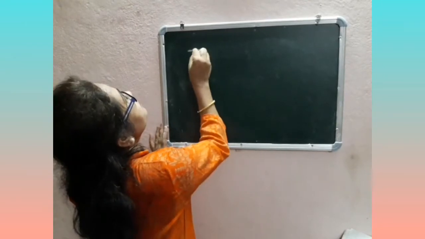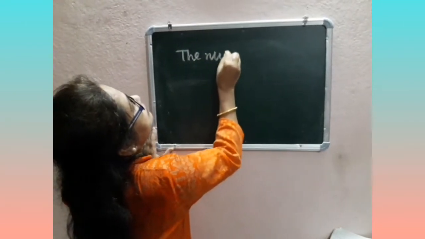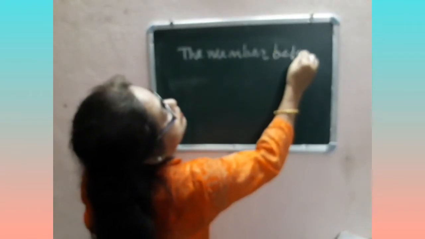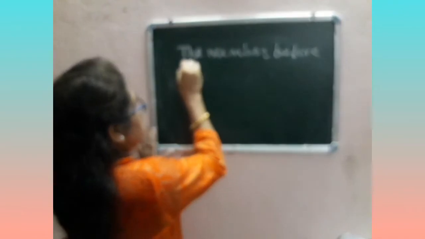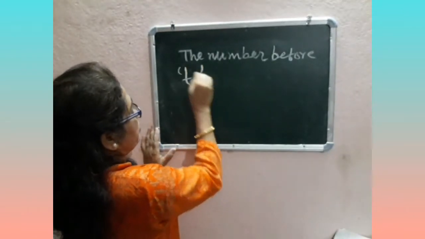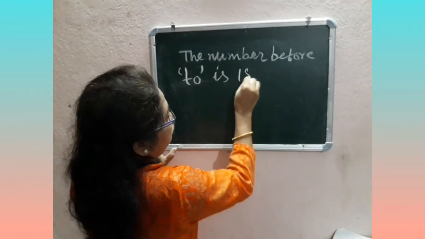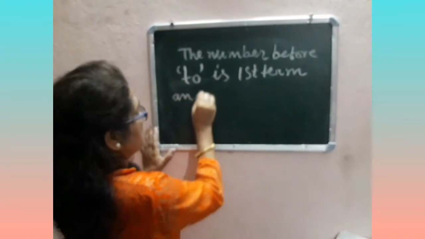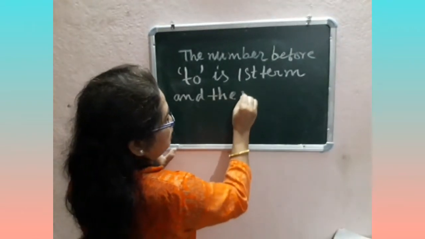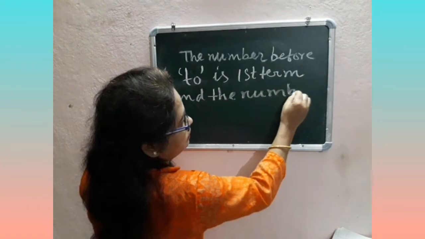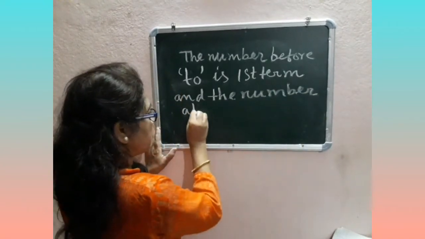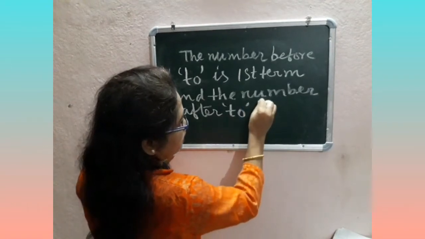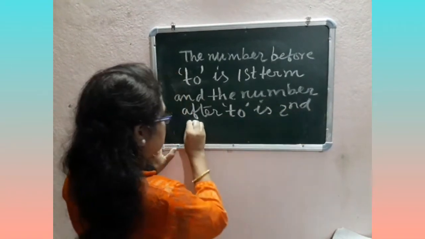The number before "to" is the first term and the number after "to" is the second term.